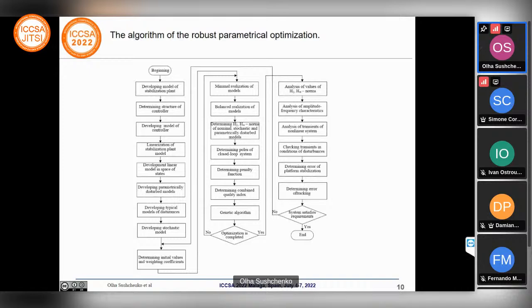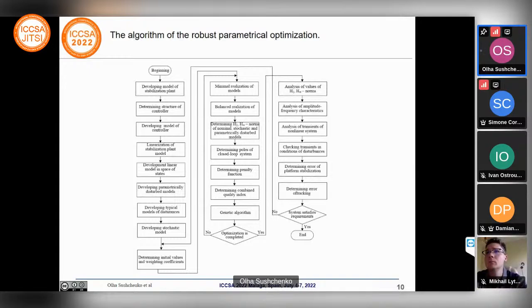And lastly, we use the optimization procedure based on the genetic algorithm. It's also possible to use the Nelder-Mead algorithm. And after this, it's necessary to analyze results. If results allow us to satisfy the requirements given to a system, we can believe that our procedure is ended. In another case, it's necessary to change weighting coefficients and repeat our calculation procedure.